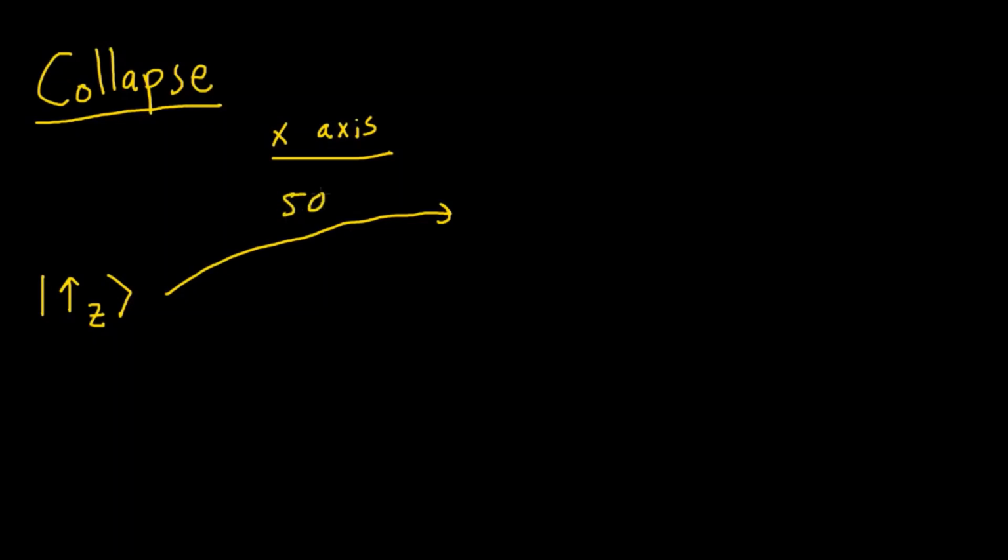All right, now that I've talked about quantum measurement collapse, I can now tell you about something pretty funny about quantum spin. Let's say you start with an electron which is completely in the spin-up state in the z direction, and you measure the spin of this electron along the x-axis. 50% of the time you're going to measure the spin to be up, and then the electron will collapse to the spin up state in the x direction.